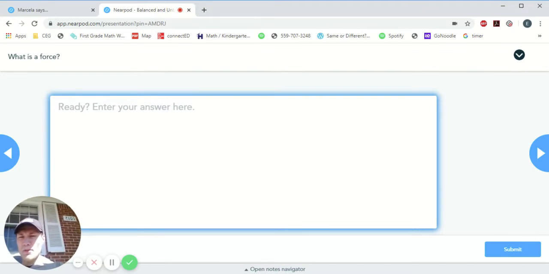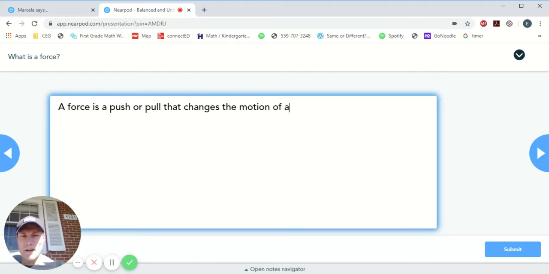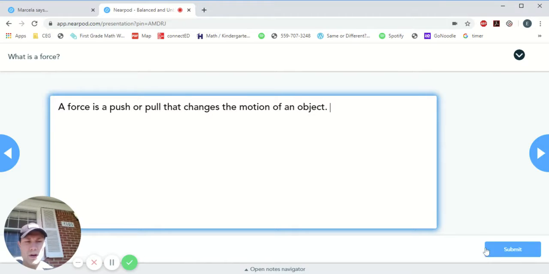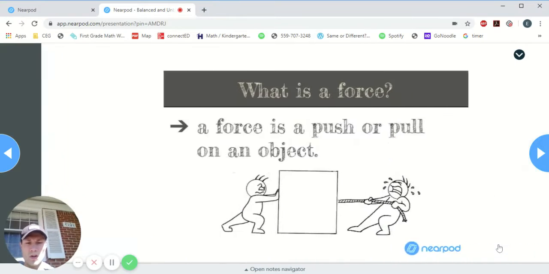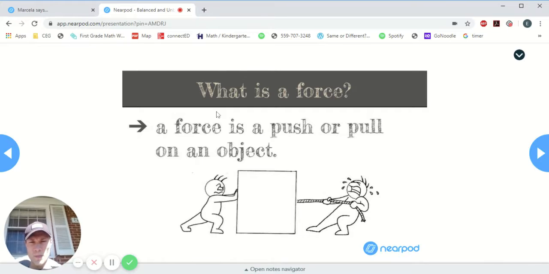I remember from class that a force is a push or pull that changes the motion of an object. Complete sentence. A force is a push or pull that changes the motion of the object. Once I'm done, what is a force? A force is a push or pull on an object.